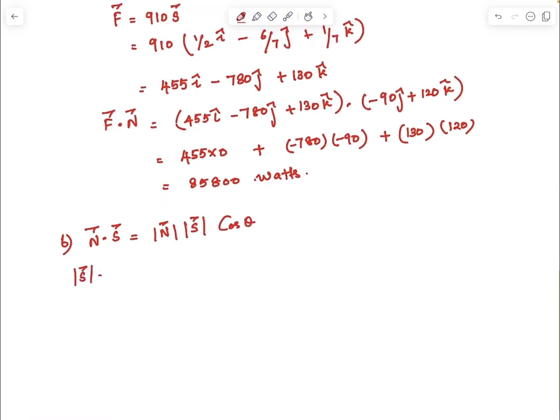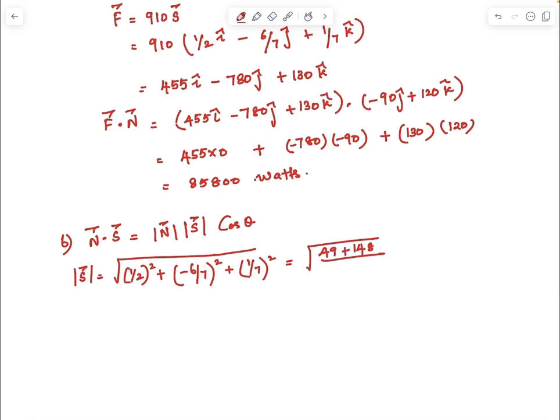Magnitude of s vector is root of half square plus minus 6 by 7 square plus 1 by 7 square, which is equal to 49 plus 148 by 196, which will be root 197 by 196. So this is approximately equal to 1.